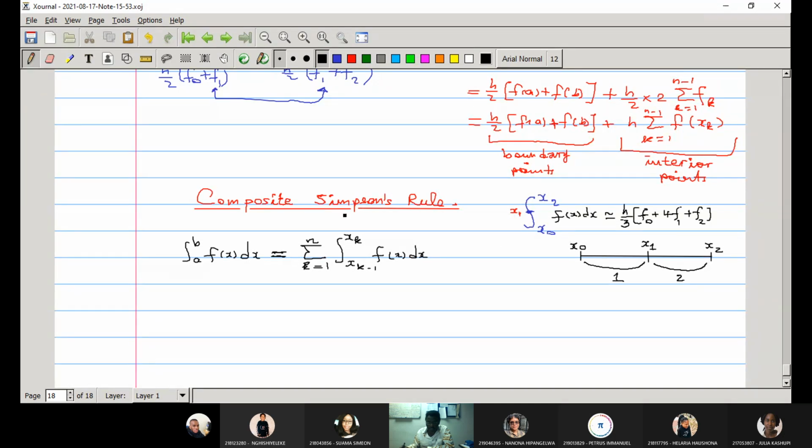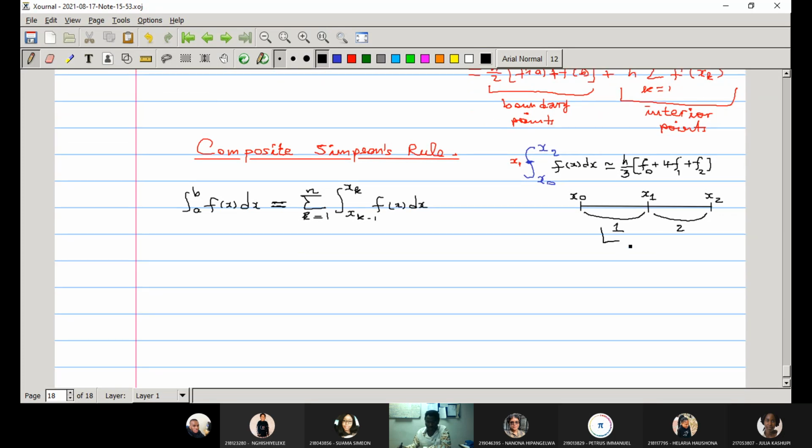So in order to define the Simpson rule, we need 2 sub-intervals. So here we say 2 sub-intervals. So this is for Simpson. Now, if we move to composite Simpson, we need 2n. Because when I apply the original rule, I need 2 sub-intervals. Now, if I want to take many sub-intervals, it will be 2n or 2m.